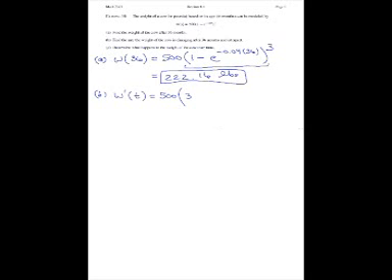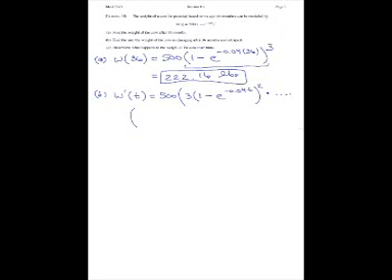Times 3 times, when you do a power rule, you leave the inside the same. You decrease the power by 1, so now the power is 2, and you use the chain rule. And the chain rule here, you have to multiply by the derivative of what was inside of this base. So this would be times the derivative of this inside.